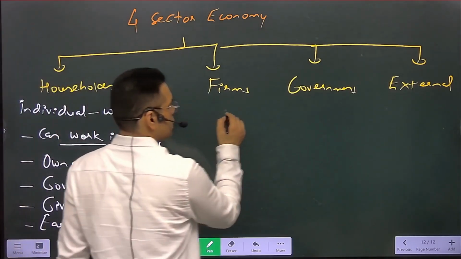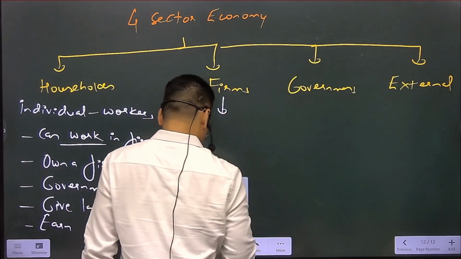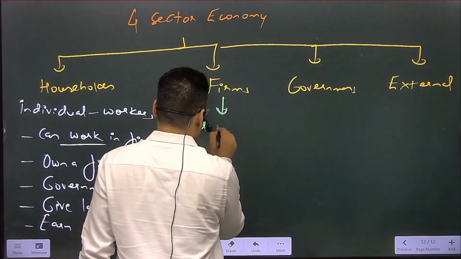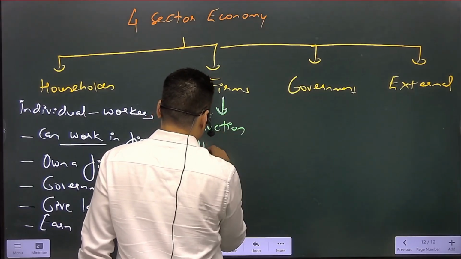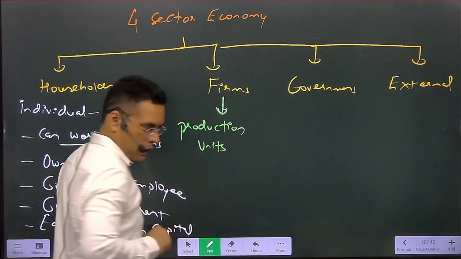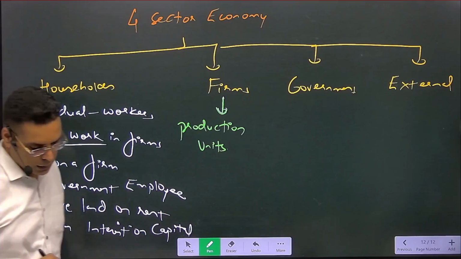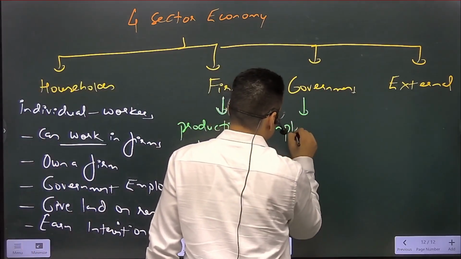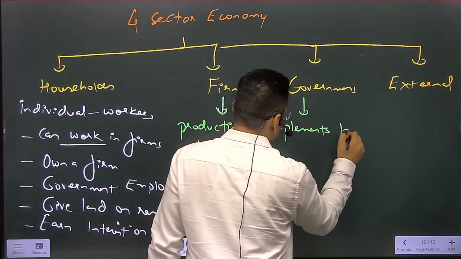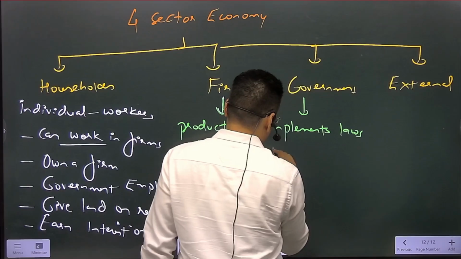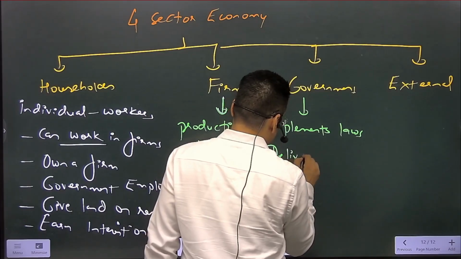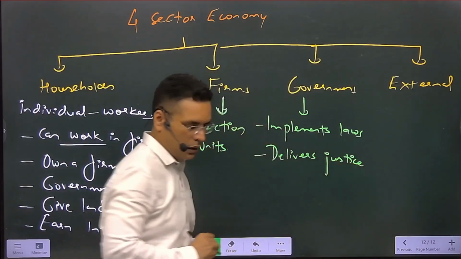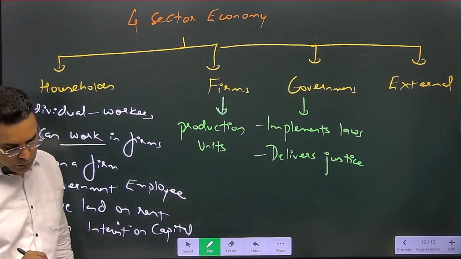Now what are firms? Firms are nothing but these are the production units, जहाँ production हो रहा है. Okay, what does government do? Implements laws. Okay, deliver justice. Make sure that firms or household people are performing economic activity.